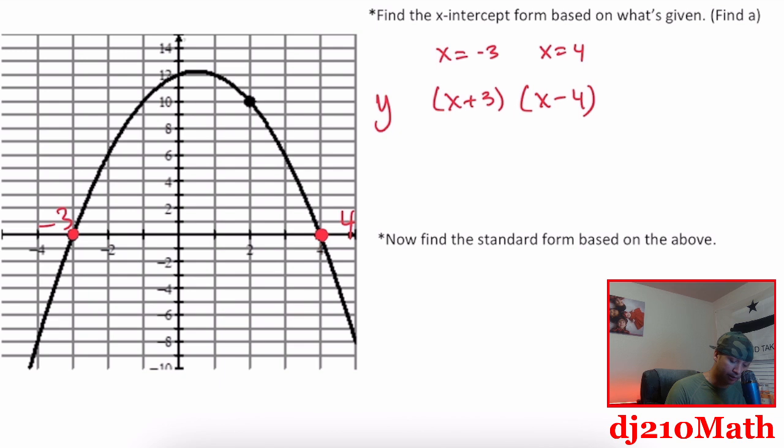And y is equal to a times all that. That's the formula. Solving for a, we're going to need a point. They have highlighted positive 2, positive 10. Me personally, I would have done 0, 12. 0, 12 is nicer, in my opinion, because it's a 0.